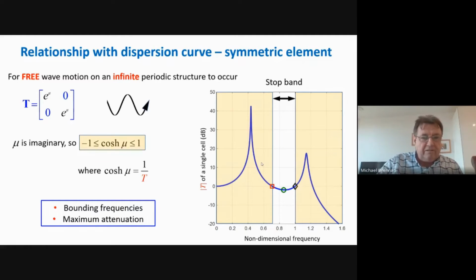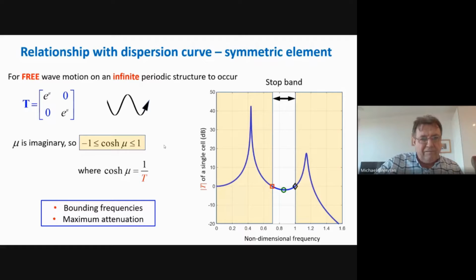But just to remind you, if you take the transfer matrix of a single cell, as you see on the upper left, then for free vibration to occur on an infinite periodic structure, that transfer matrix has the form of a diagonal matrix where the diagonal terms are e to the mu.